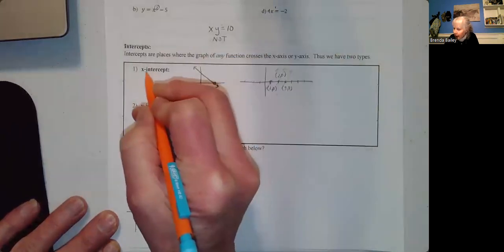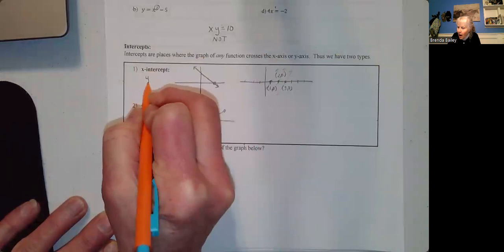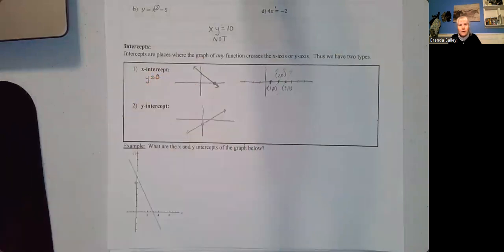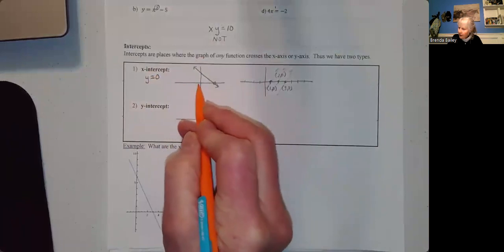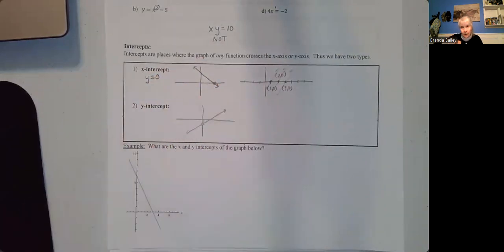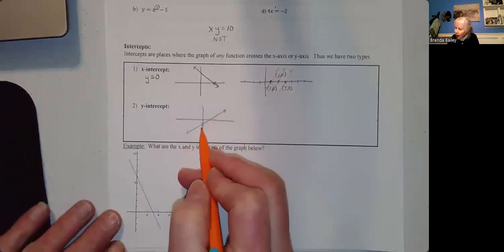So when you have the x-intercept, the y is always going to be equal to 0. Okay? Any point along here has a y-coordinate of 0 because you're not going up or down. You're staying on that x-axis. And the y-coordinate always tells you how high up to go. But what about the y-intercept?